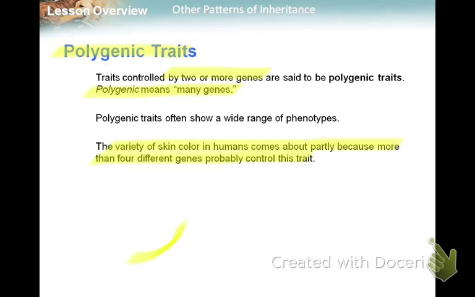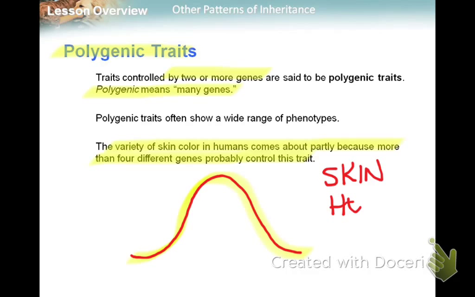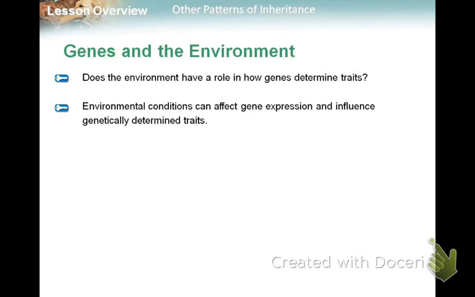So what we end up seeing is a bell curve. Skin color, height are important polygenic traits. Those are the ones we commonly talk about.